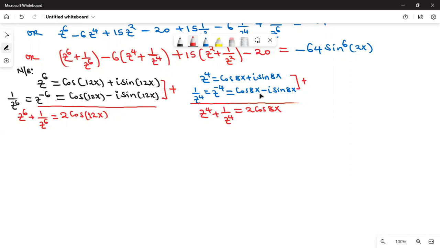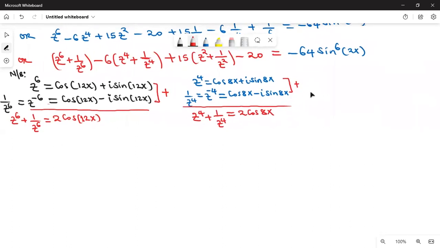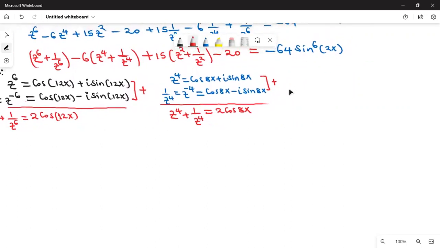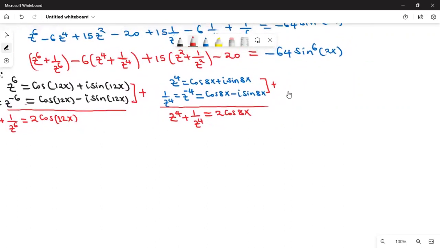And finally, we need z squared plus 1 over z squared. So let me take this to the left and write this one for z squared. Finally, we have z squared is the same as cosine of 4x plus i sine of 4x.